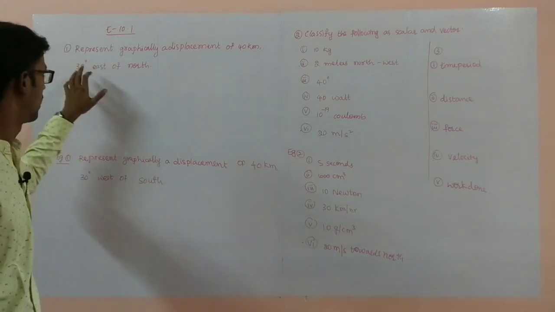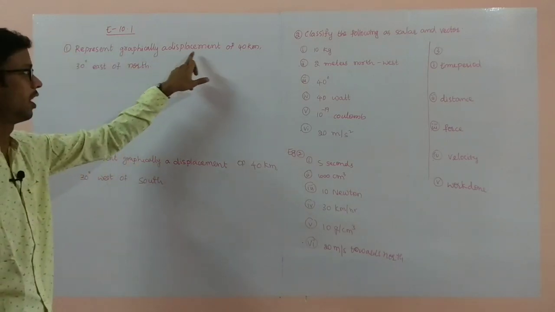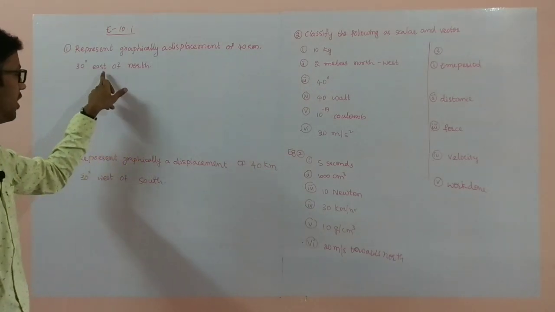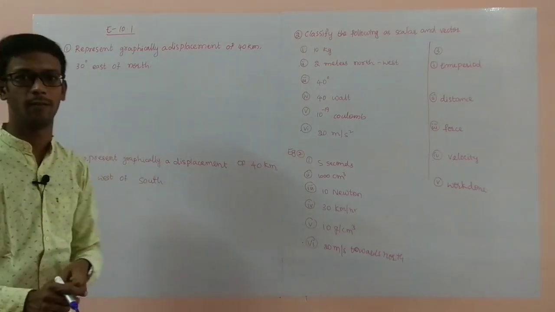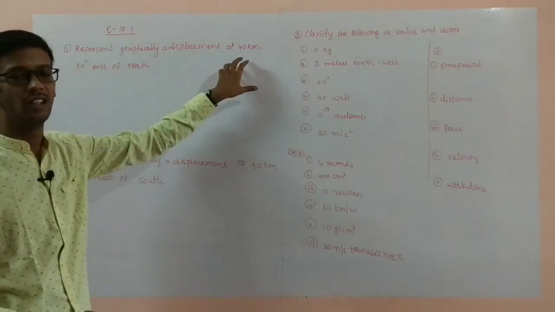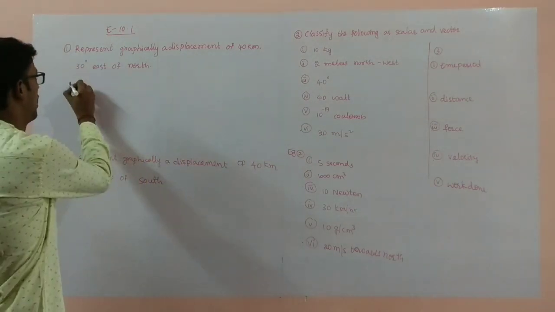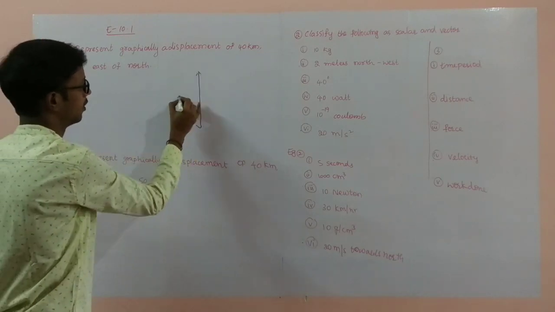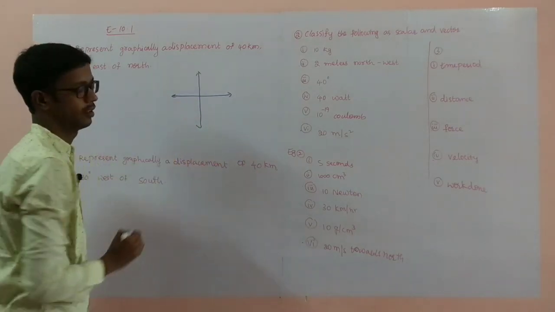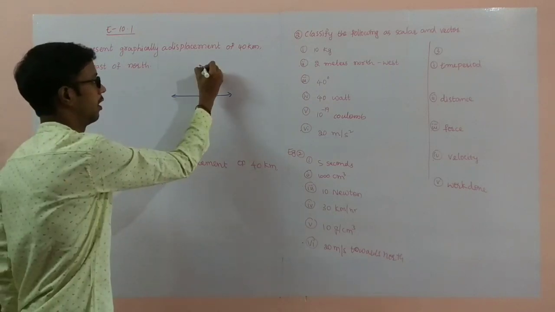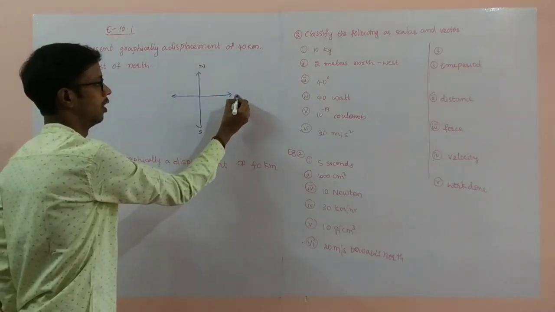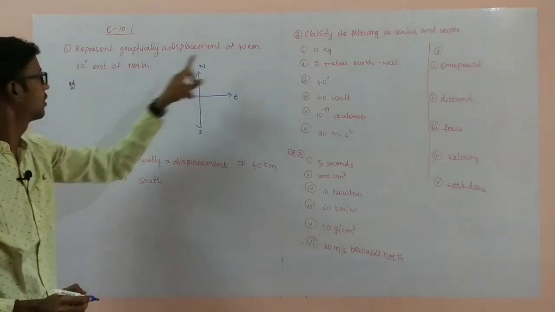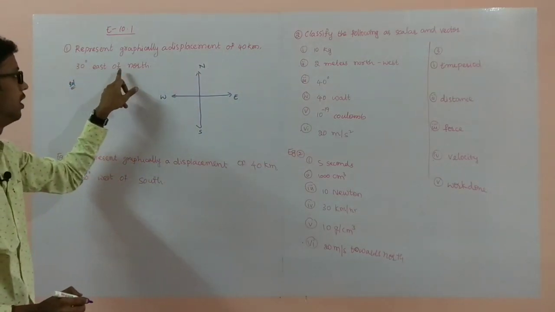First question: represent graphically a displacement of 40 kilometers 30 degrees east of north. Just a rough diagram we have to draw here. First of all, I'll take the four sides: north, south, east, west. 40 kilometers, 30 degrees east of north.